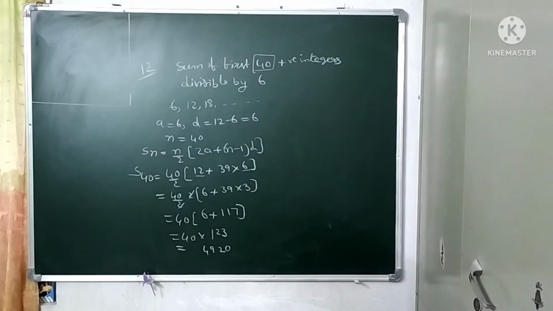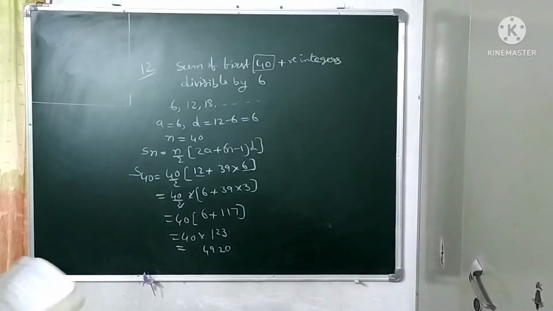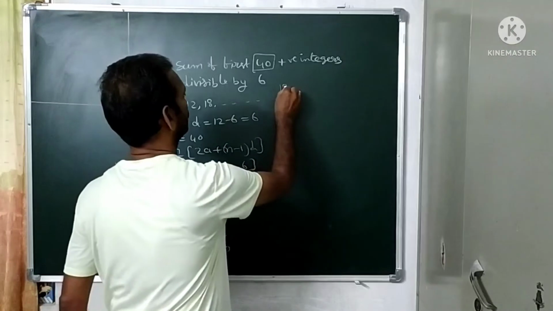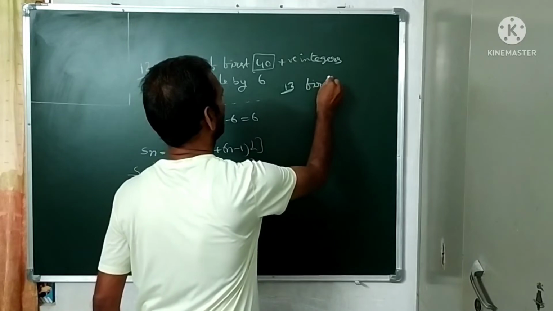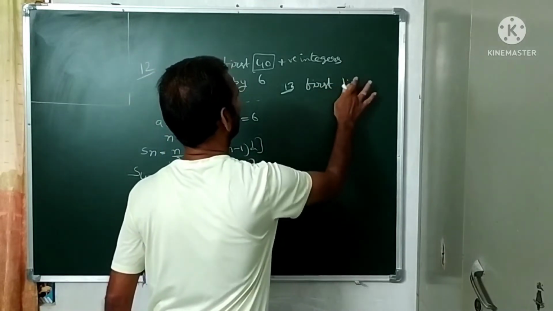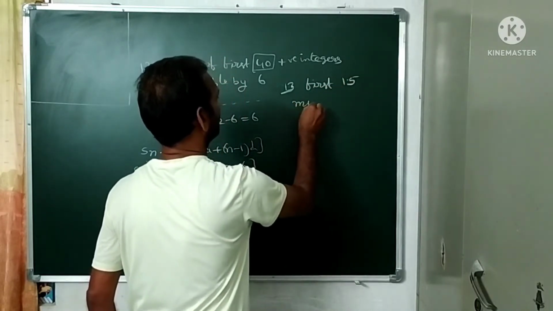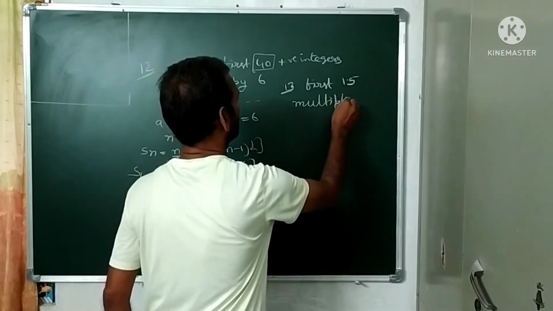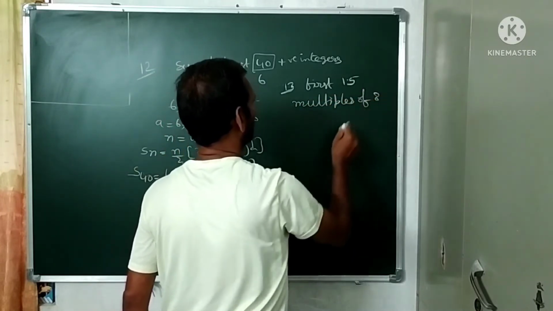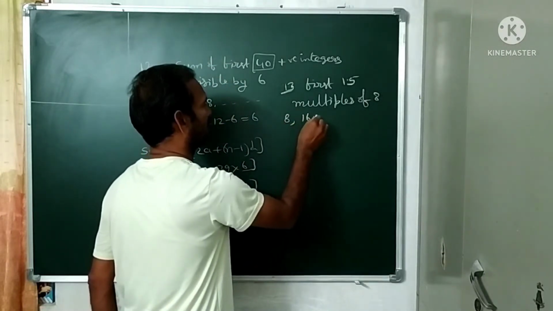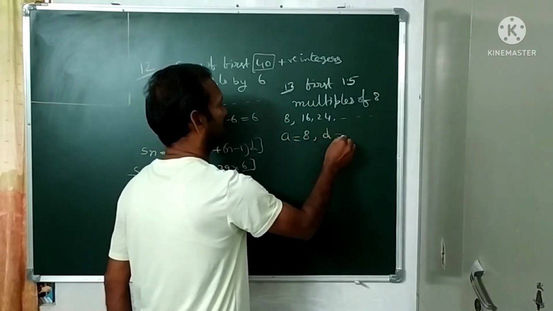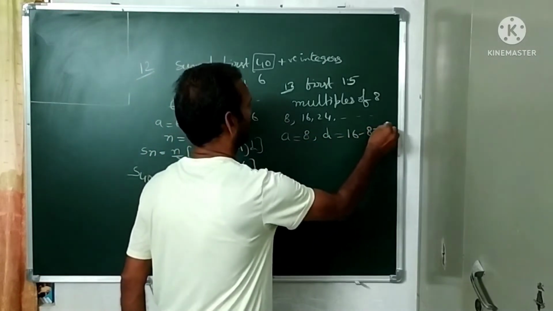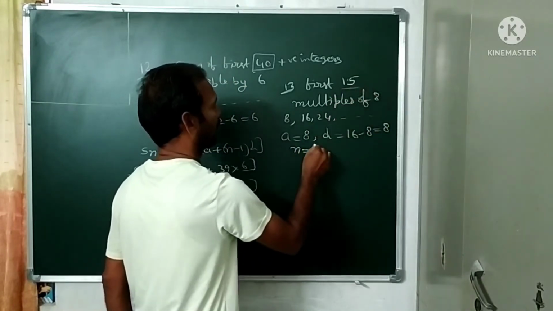Now we will go for: find the sum of the first 15 multiples of 8. So 8, 16, 24, and so on. A is equal to 8, D is equal to 16 minus 8 is equal to 8, N is equal to 15.